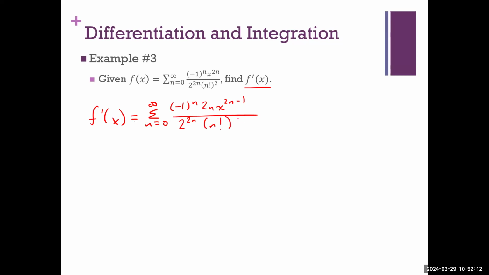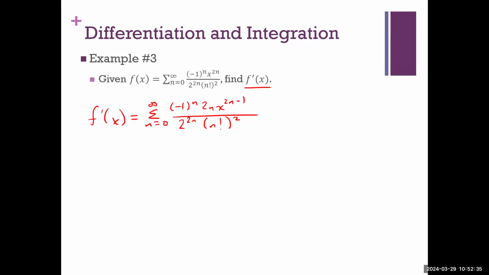I'm only finding the derivative of the numerator, which is kind of a coincidence, but what am I really only finding the derivative of? The x terms. If there were x terms in the denominator, I think we would have to do the quotient rule.